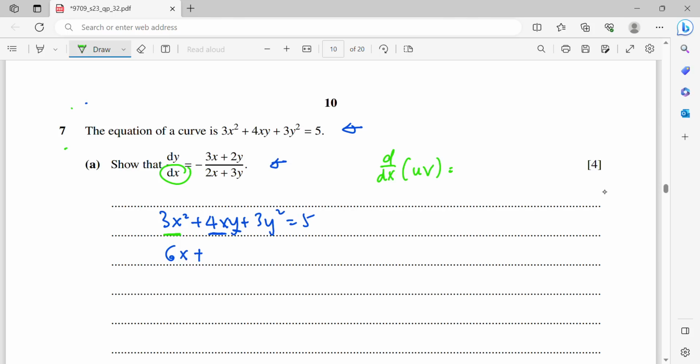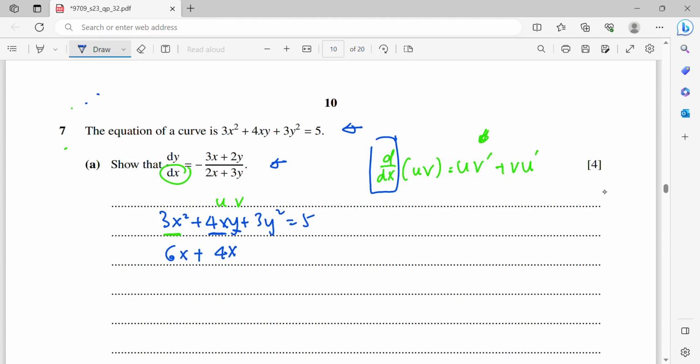Product rule says d over dx of uv is uv prime plus vu prime. So my u is 4x, my v is y. Now when you apply this product rule formula, first term is u, just rewrite the 4x. Then we need to differentiate y with respect to x, because here is d over dx.